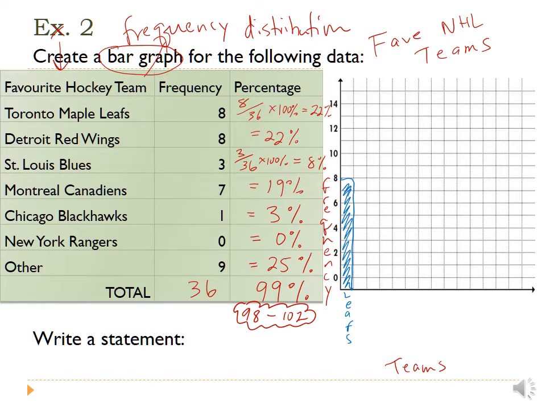And remember, bars can't touch. So we'll skip one here, and we'll just call this the Wings. And they also got 8. Now we color that bar in. Now we'll go to the Blues. Blues got 3.